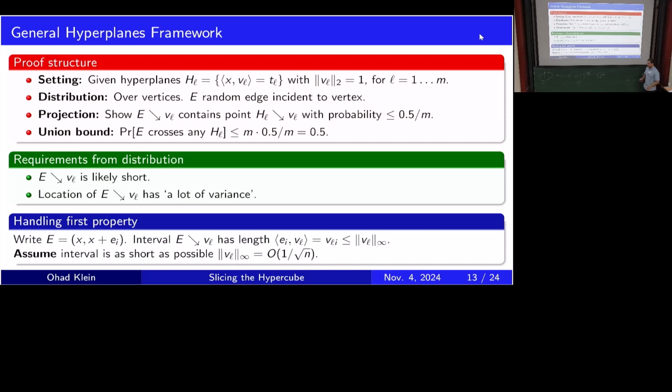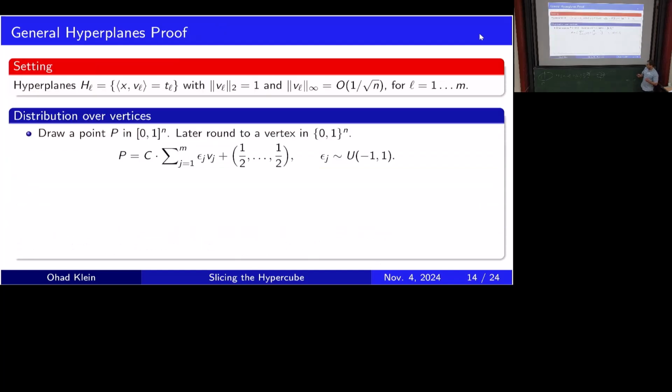Okay, great. So you want a random vertex with high variance of the value of x projected on v, and you only have a small set of vectors. So how do you do that? One basic thing is to take just a random combination of the vectors v.